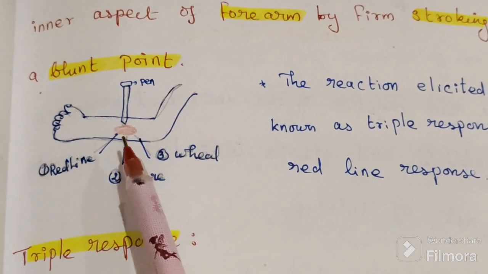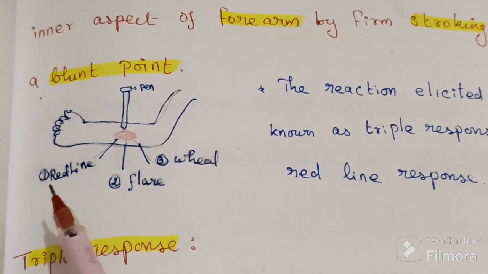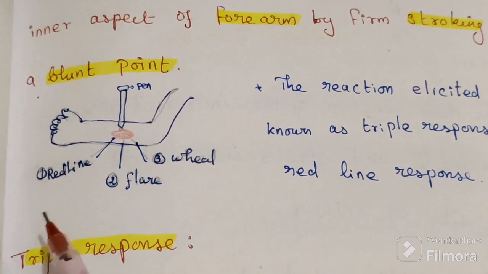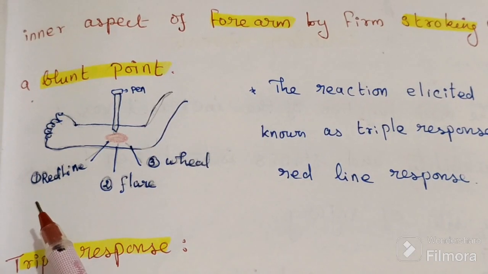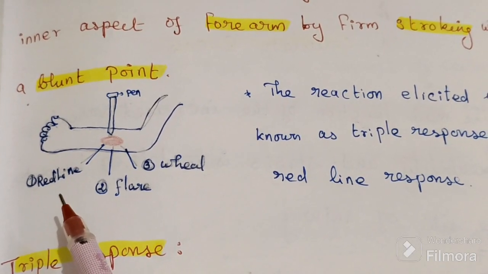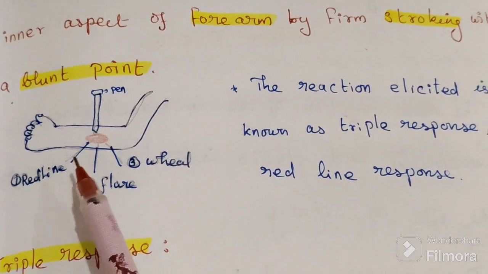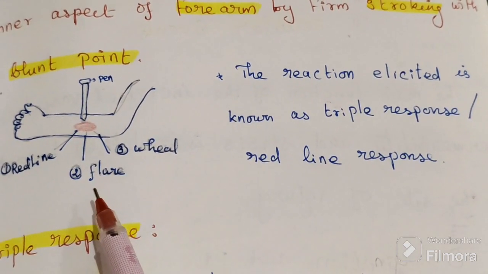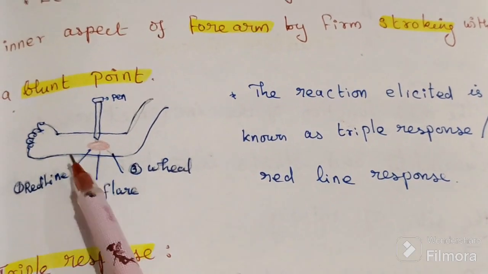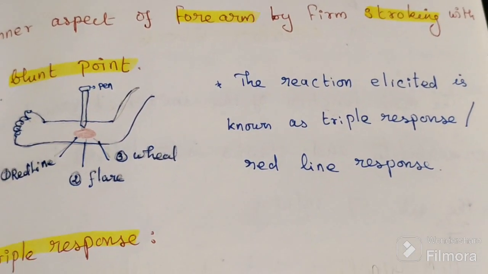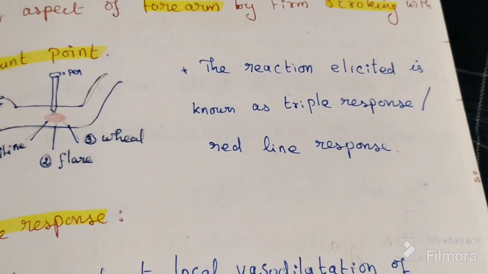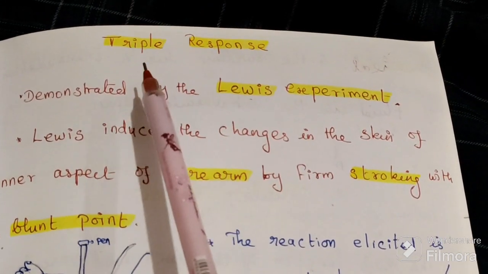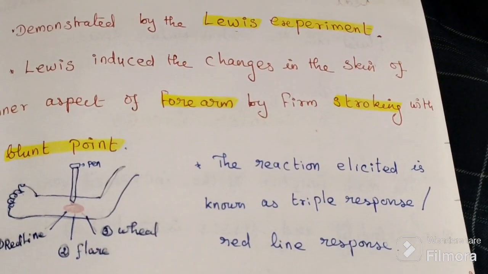First, the line becomes red in color, this is the red line. Second, the area around the stroke becomes red, which is known as flare. Third, the whole area becomes swollen, which is called wheal. This process is called the triple response.